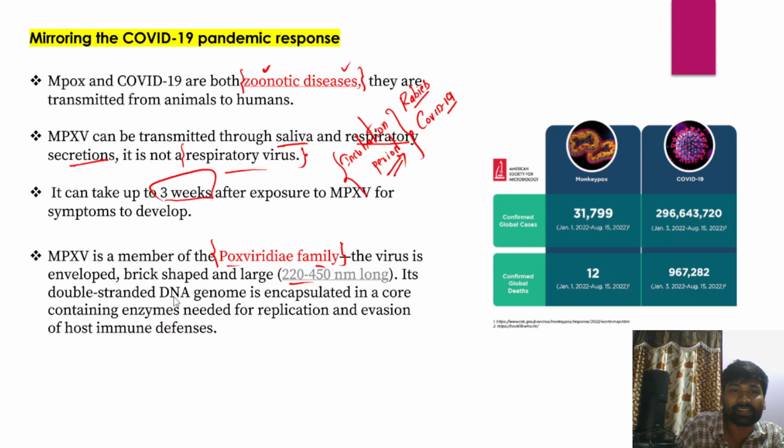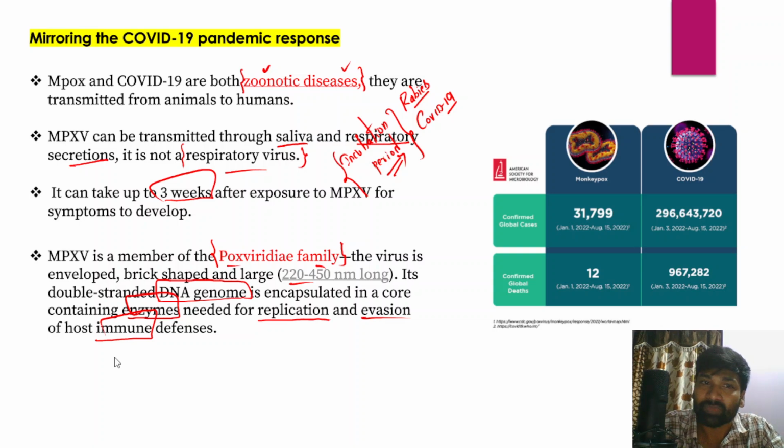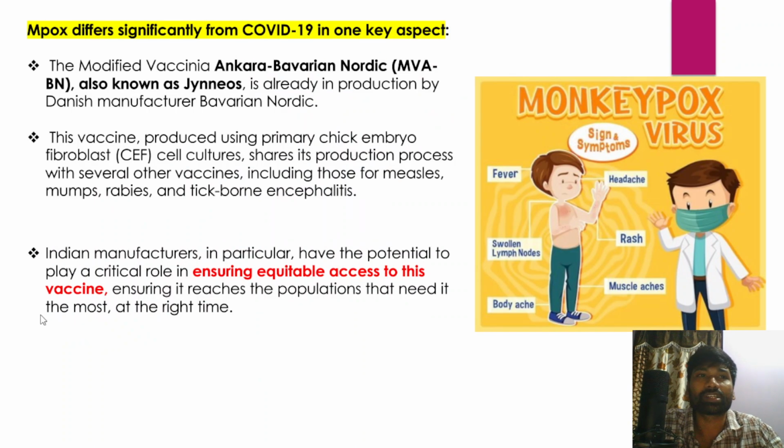It has a double stranded DNA genome, encapsulated in a core which contains enzymes needed for replication and evasion of host immune defenses. So this is the basic structure of the mpox or monkeypox virus.